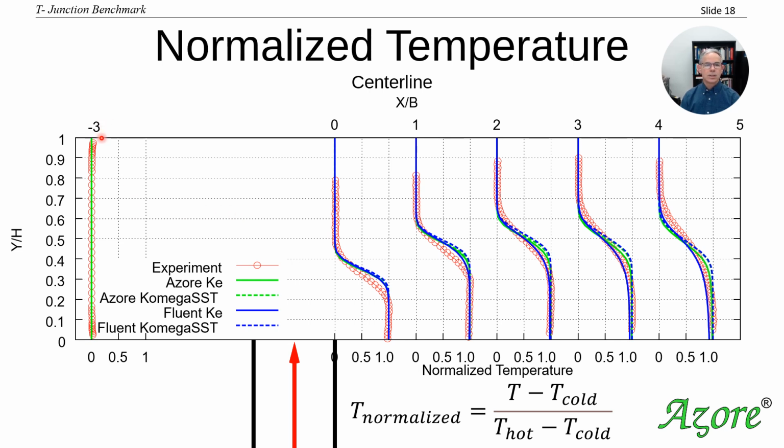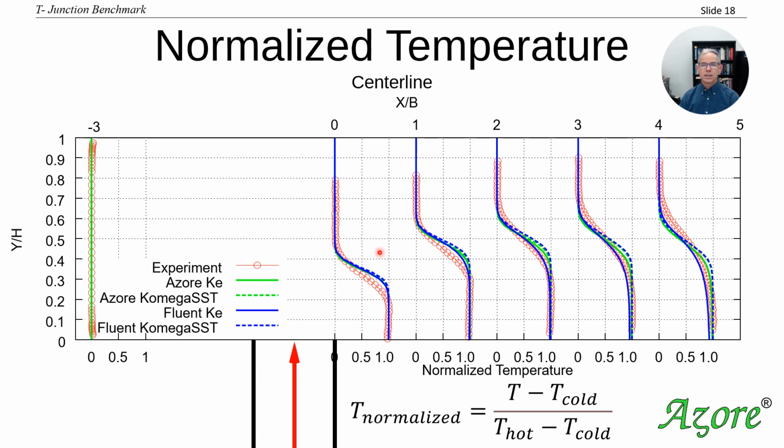So right over here you can see upstream of where the gases mix, the data and the CFD predictions all say that it's all cold, which makes a certain amount of sense. And then as you get down here, right after the two gas streams meet, you can see that at the top of the duct, it is all cold, and at the bottom of the duct, it is all hot, and you see some transition between the hot and the cold.